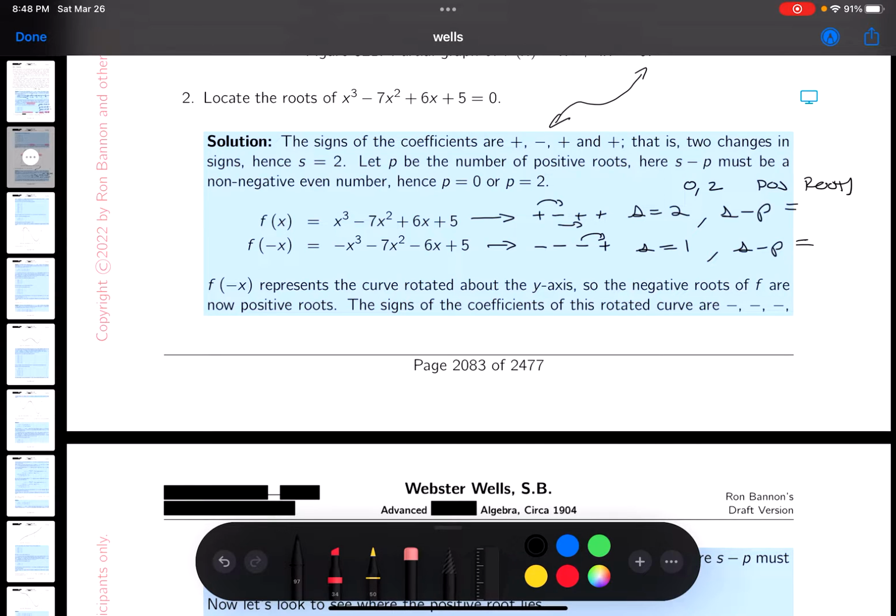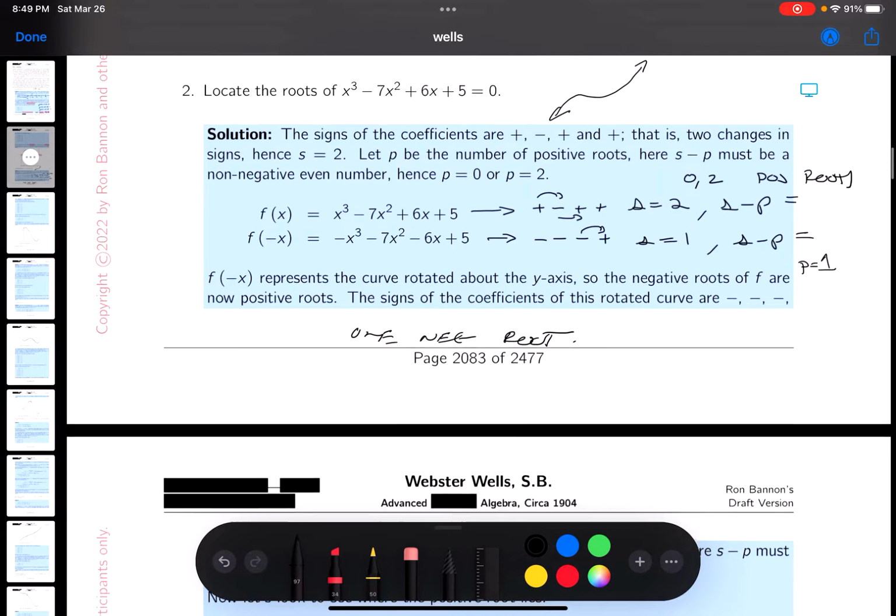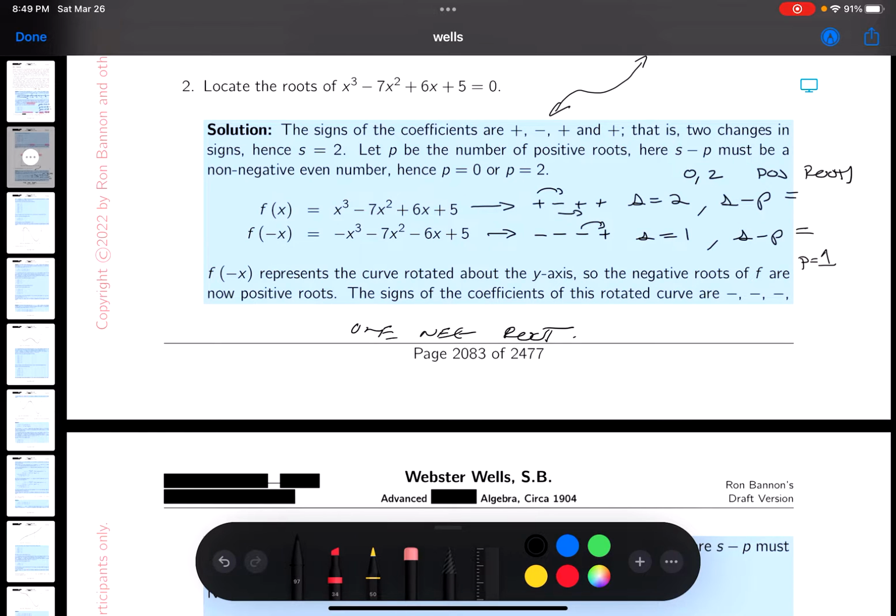So p in this case has to be 1. All right, so there's one negative root. Now, certainly, hunting around for these things, I'm going to just say, basic sign analysis.